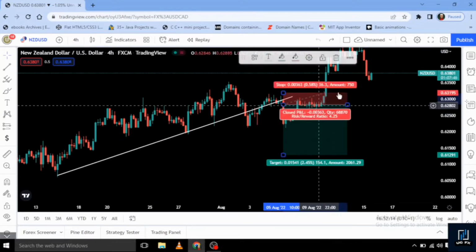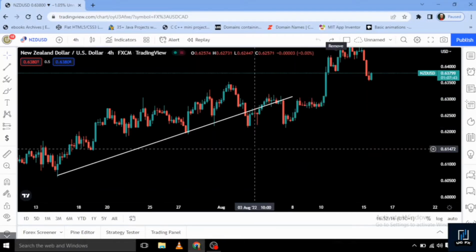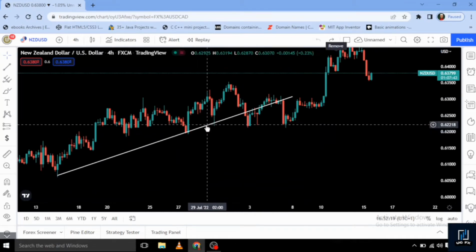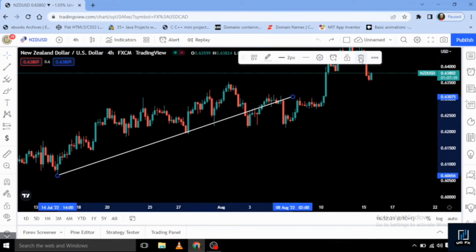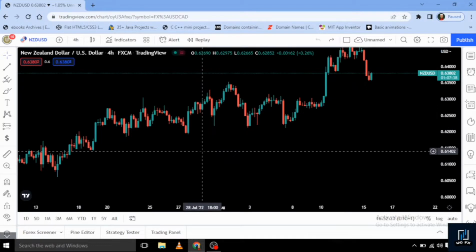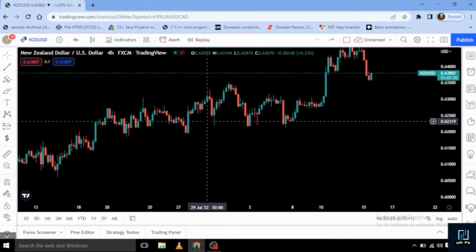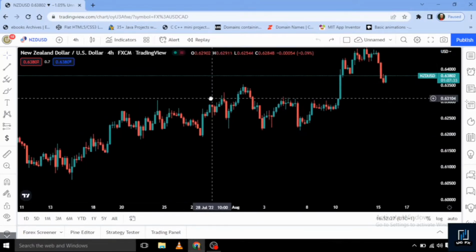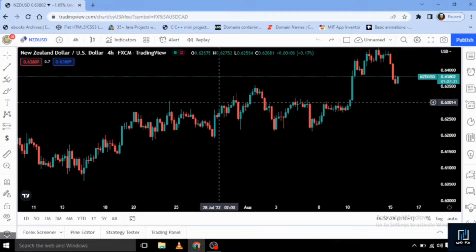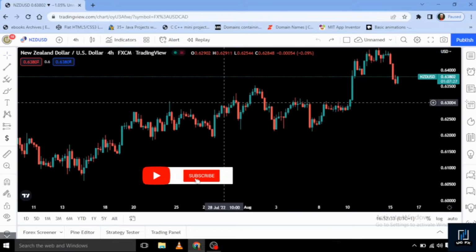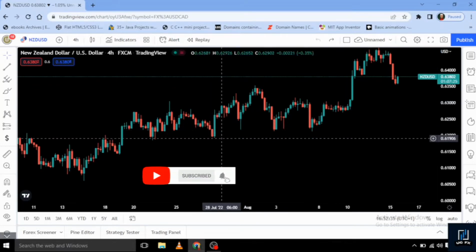So if you trade the smart money concept, you will see this market in another way. Just like I've been mentioning on this channel, if you have been following and understanding how I teach this smart money concept and how I take my trades, you would know how you would have taken this trade.